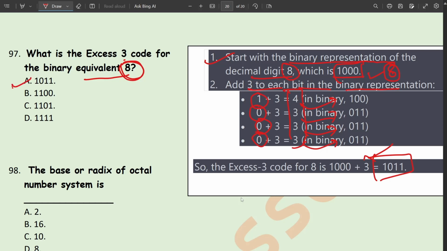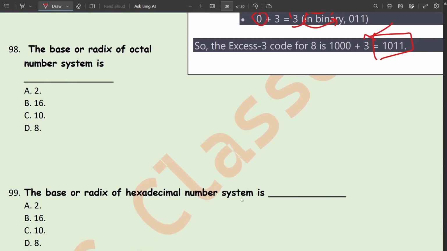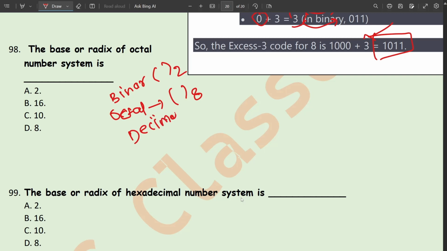Option number A is correct. Next, the base or radix of the octal number system. Everybody knows, you can take a screenshot of this. In octal, base 8. In binary, radix and base of 2. In decimal, base of 10.